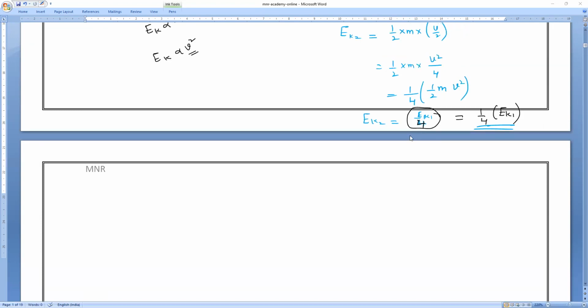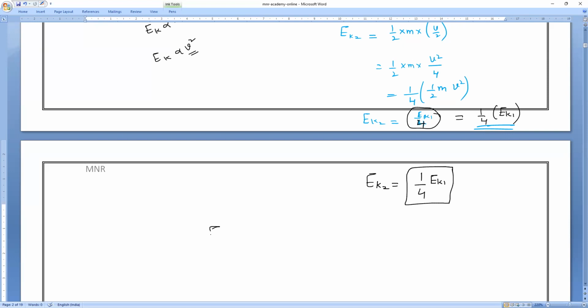So you cannot just say decreases or increases. How much is it decreased? Of course, the final kinetic energy becomes 4 times less than the initial kinetic energy. So how much is the loss?